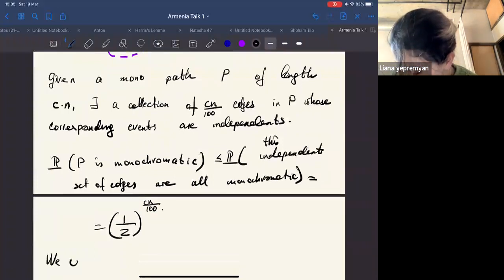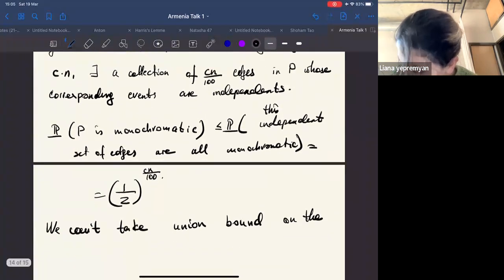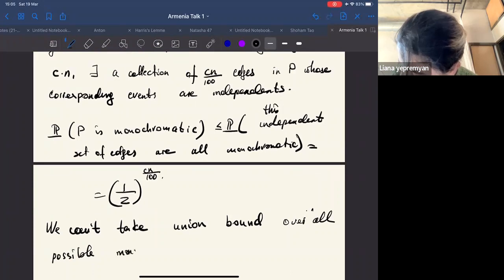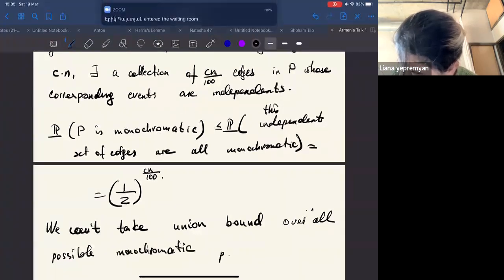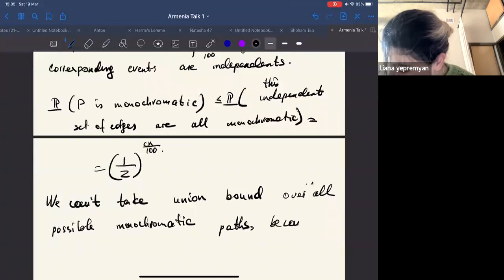We can't take a union bound over all possible monochromatic paths. That's because there are too many of them.